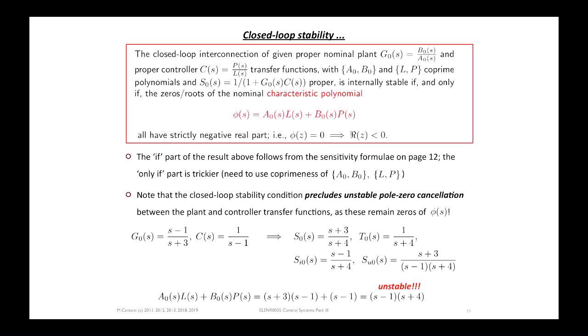You can see that that's the case because the characteristic polynomial will always have the cancelled pole as a factor. That's illustrated in this example here.